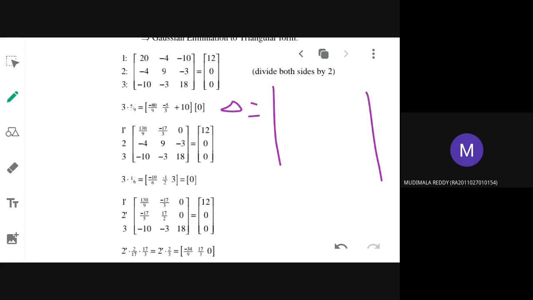Okay, so 40, I think. Then what was the second element? Minus 8, and minus 20. What is R22? 18. R23 is minus 6.